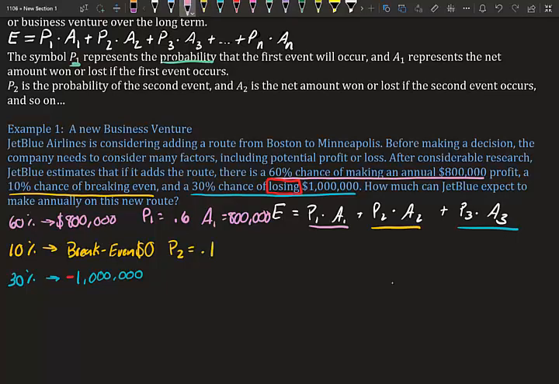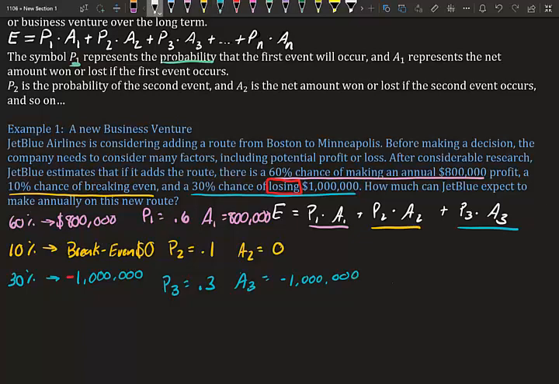You can put the zeros if you want. It means the same exact thing. And then our A2 is $0. Then our third scenario, P3 was 30%, so 0.3, or you can put 0.30. And then our A3 is negative $1 million.